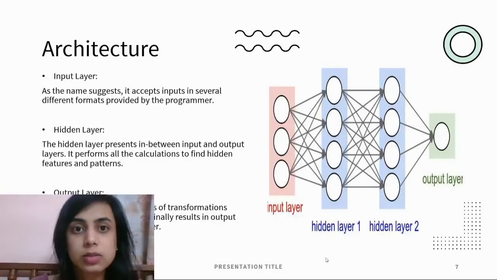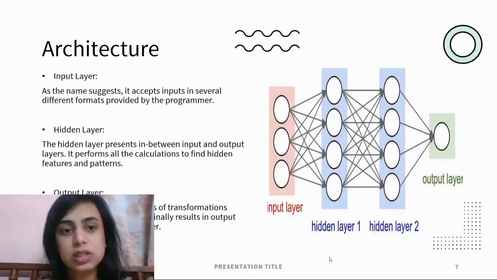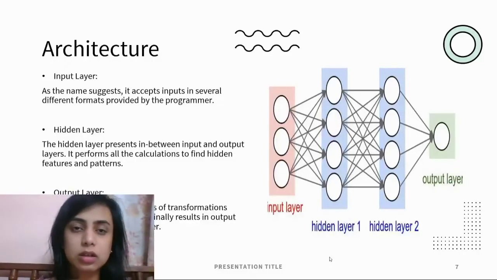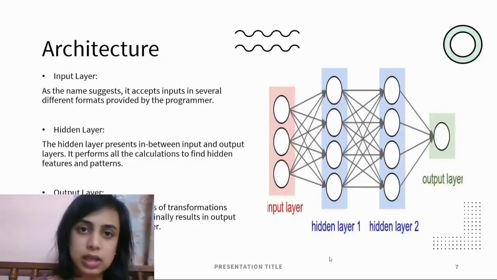The hidden layer is present between the input and the output layer and performs all the calculations to find hidden features and patterns, and basically processes the input and forwards it to the output layer. The input goes through a series of transformations using the hidden layer, which results in the output that is conveyed using the output layer.